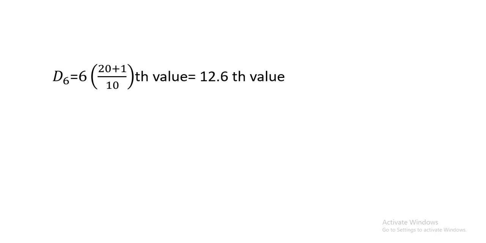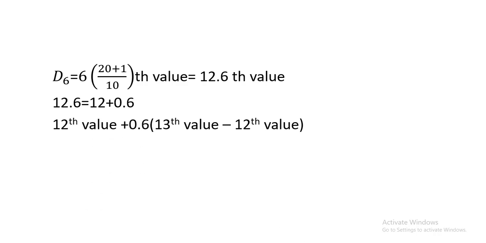Now we wanted to find out the sixth decile. So the sixth decile is equal to 6 times (20 plus 1) divided by 10, which gives me 12.6. So 12.6 is equal to 12 plus 0.6, which means the 12th value plus 0.6. Now we're going to take the difference of the 13th value minus the 12th value.